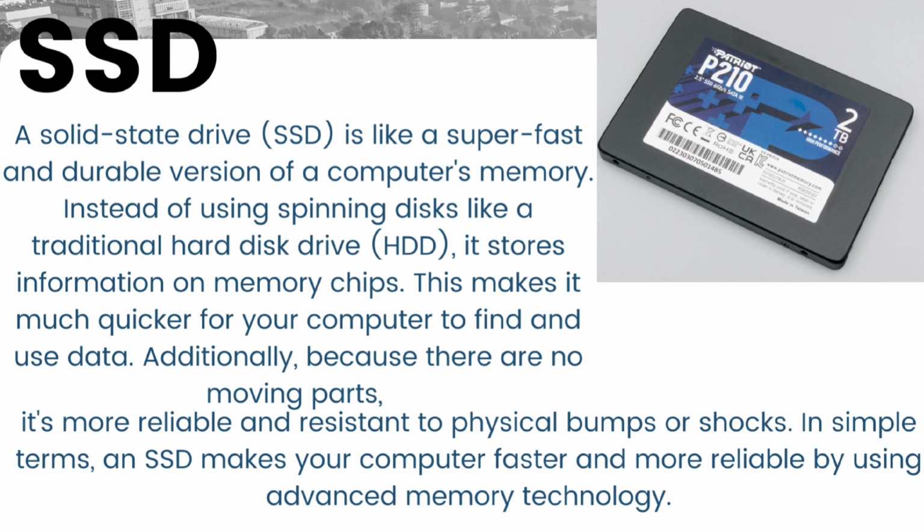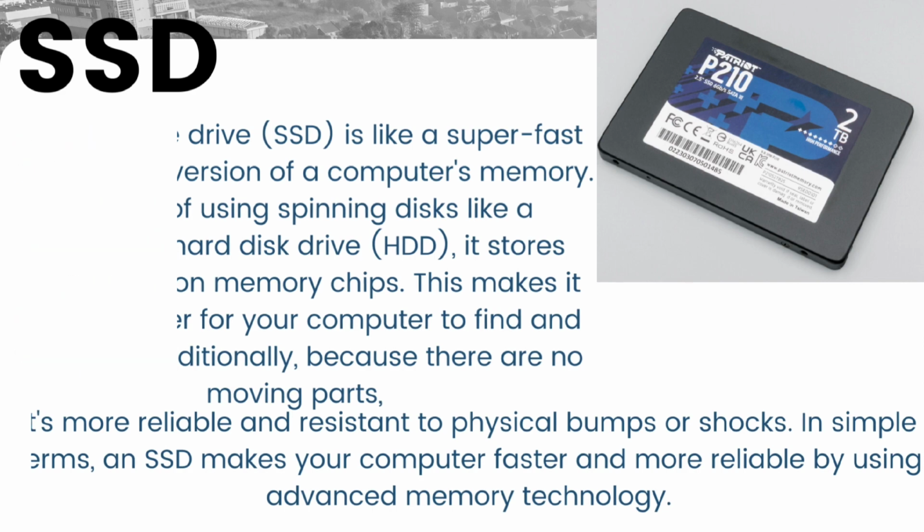Additionally, because there are no moving parts, it is more reliable and resistant to physical bumps or shocks. In very simple language, an SSD makes your computer faster and more reliable by using advanced memory technology. So let's understand in the next slide how an SSD works.